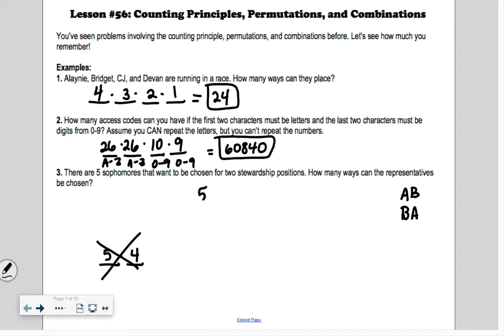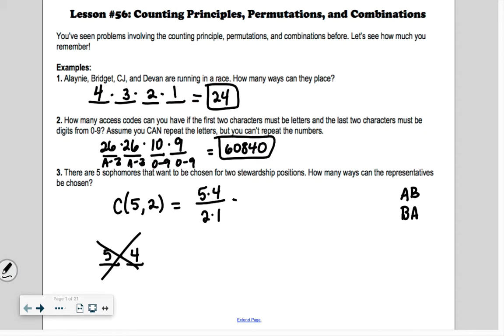So we could do 5 times 4, but then we would divide by the number of ways to arrange 2 people, so we divide by 2 times 1. Okay, this is what we call a combination. This would be a combination of 5 people putting in 2, not necessarily positions, but 2 people are chosen from those 5 people. So I often read this as 5 choose 2.